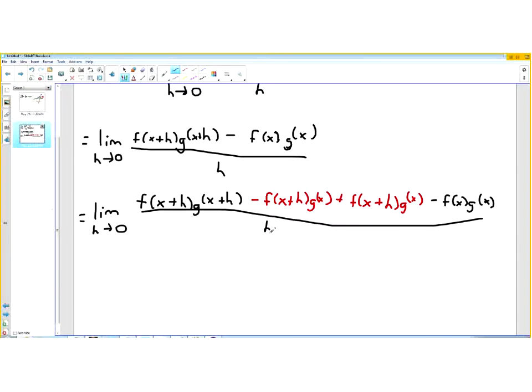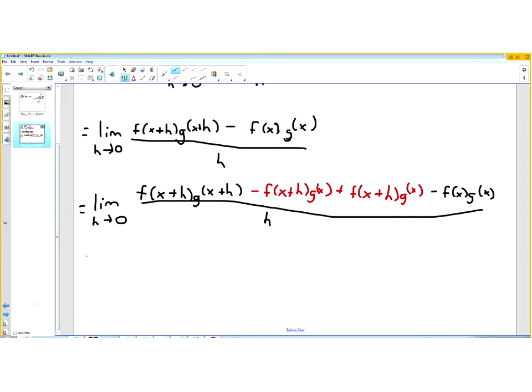So what this allows me to do is some algebraic groupings. Watch this. What if I were to factor out f of x plus h from the first two terms in the numerator? This is what I would get: g of x plus h minus g of x.